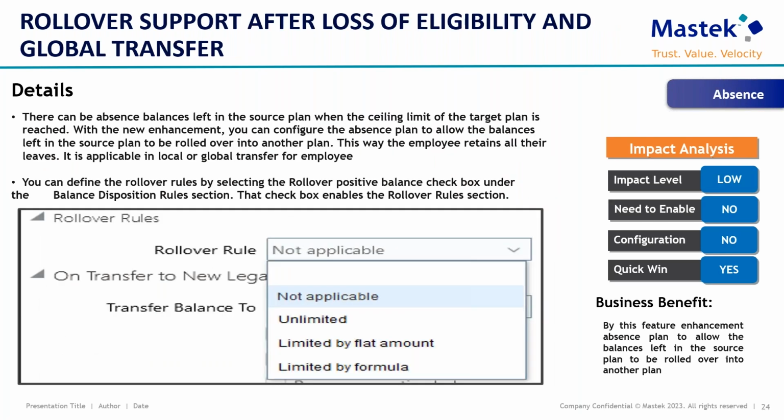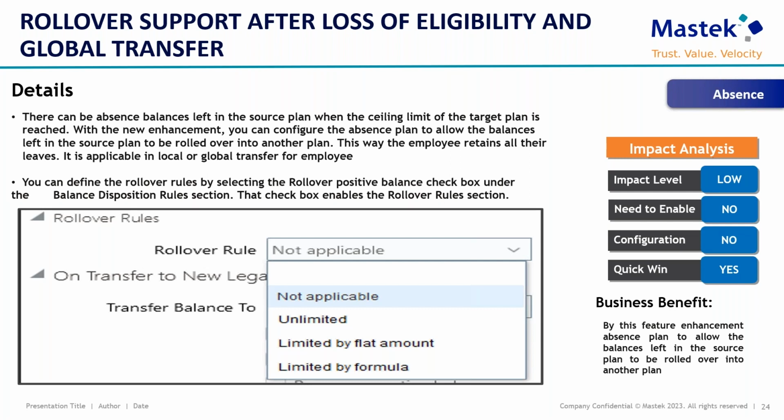The next feature is also related to global transfer: rollover support after loss of eligibility and global transfer. A lot of the time when you transfer the balance from one plan to another plan for the employee, there are certain limits established at the time of the creation of the plan, so that the employee cannot have more than, let's say, 30 days of balance or 20 days of balance.